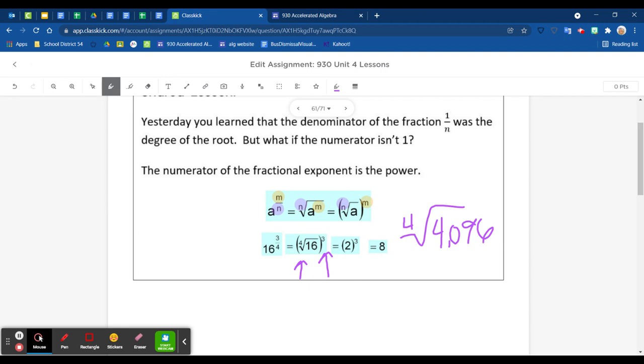I don't actually know off the top of my head that the fourth root of 4,096 is 8. So it makes it a little bit easier for us if we just find the degree of the radical, the root, first. So the fourth root of 16 is 2, and 2 to the power of 3 is 8. So it's easier if we take the radical first and then apply the exponent.